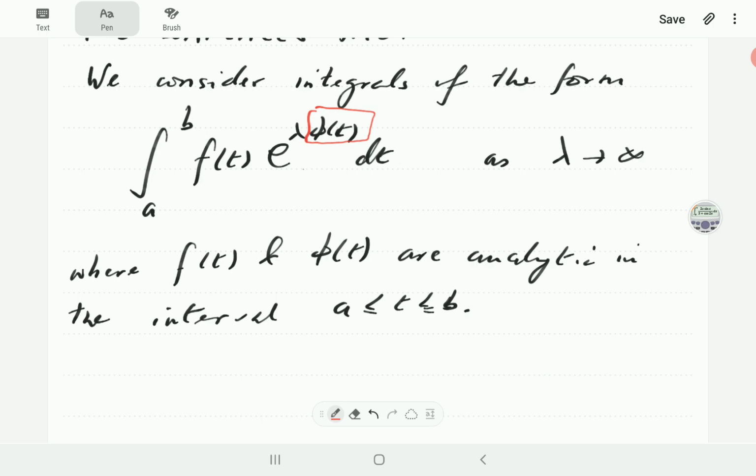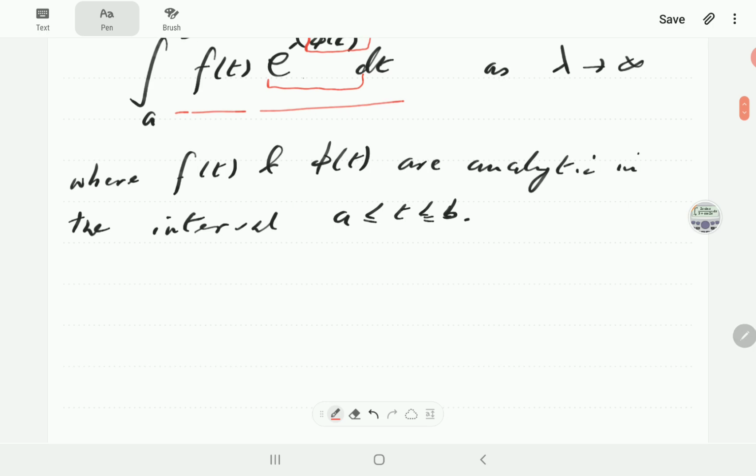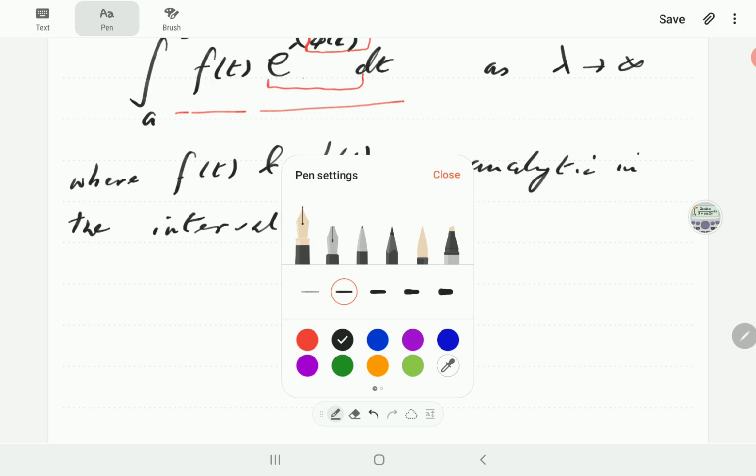So basically this integral is going to be dominated by what happens here, and in particular to that function there. Actually, the point in this interval where this function is maximum is the one that is going to dominate the behavior of this integral.